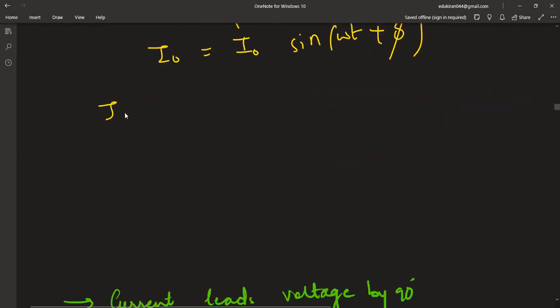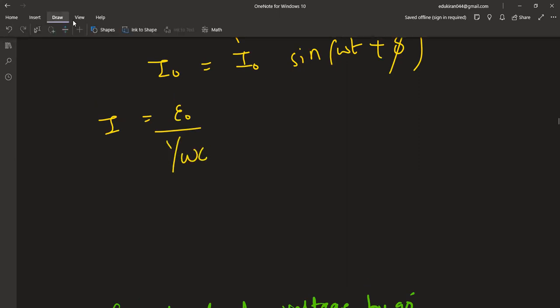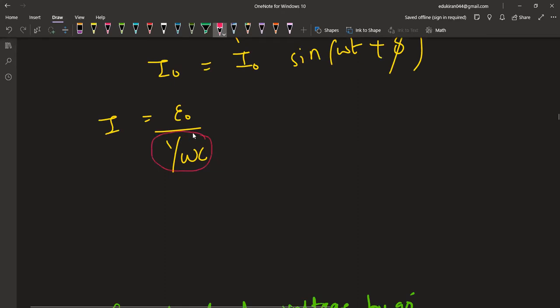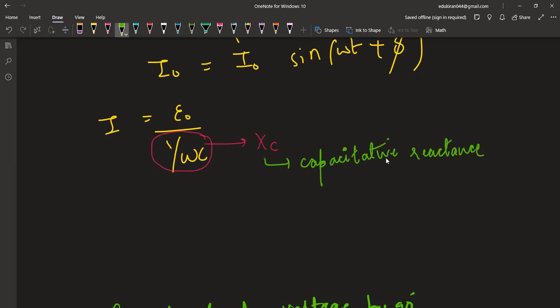We can conclude I is equal to E naught divided by 1 by omega C. It's difficult to use 1 by omega C every time, so we have a term for it, that is Xc, the capacitive reactance, which is the resistance of this circuit.